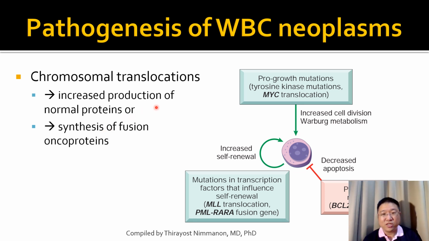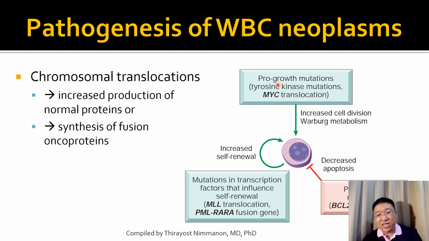For example, this picture is really good. In Burkitt lymphoma, there is one common translocation, which is t(8;14). So there is translocation of the chromosomes between chromosome 8 and chromosome 14.